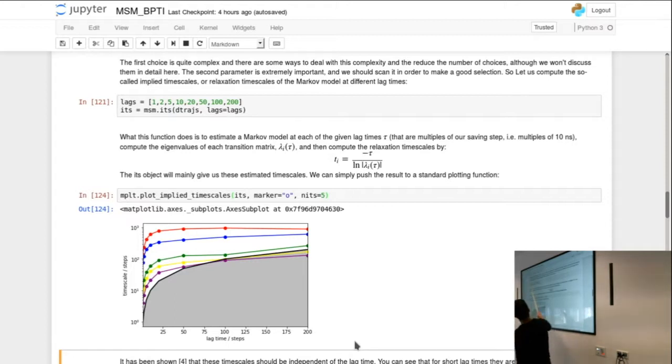So these are lag times expressed in frames, and these numbers here correspond to these numbers here. And the step that you have to do to fully understand this graph is that a different Markov state model has been estimated for every one of these numbers.